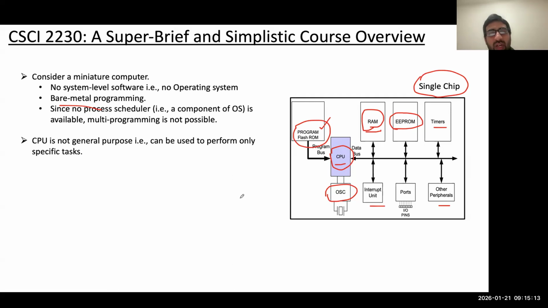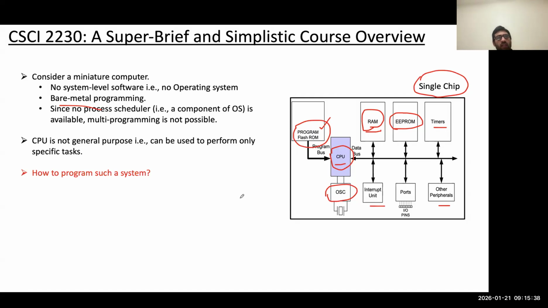Why? Because these kinds of applications need some services which are made possible only through running the operating system, and we cannot do that. Second, as I said earlier, the memory size is so small that these general purpose applications do not fit into the memory.